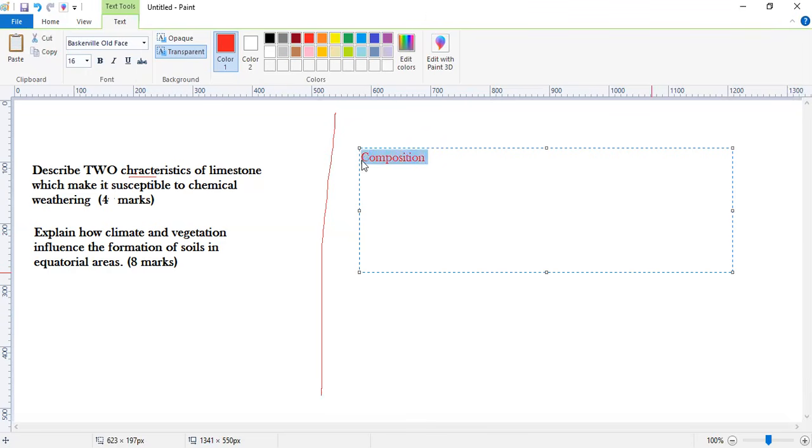So if we're going to talk about the composition, then we should at least state what the composition of limestone rocks is.